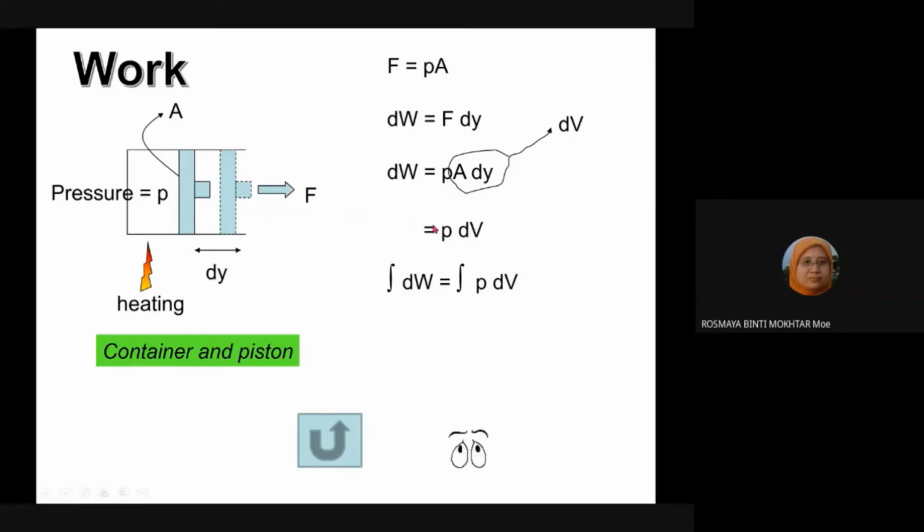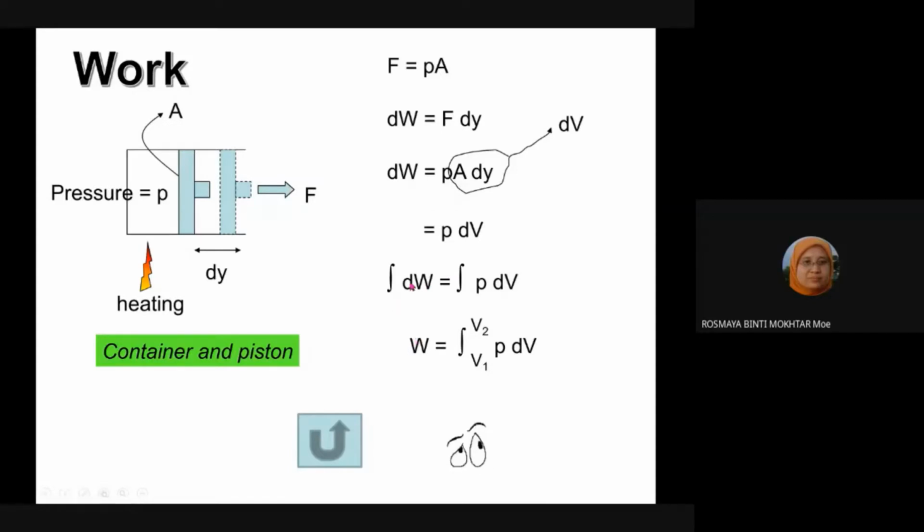Then because we have two variables here, W and V, we have separated the variables already: left hand side W, right hand side V. So we can use the integration rule. Take the integral of both sides. The integration of 1 with respect to W gives you work.